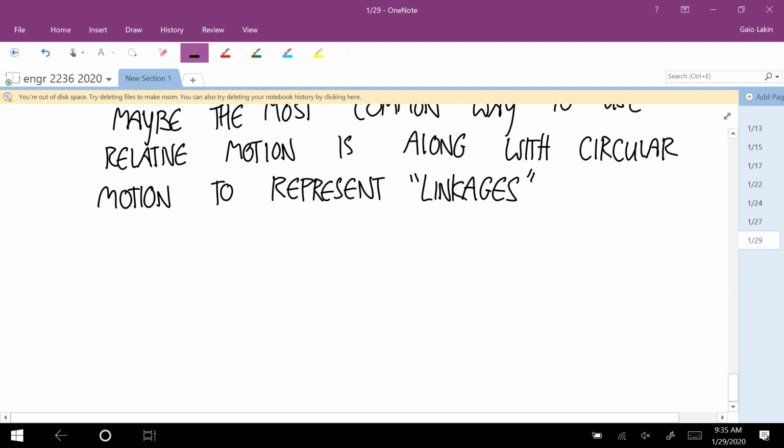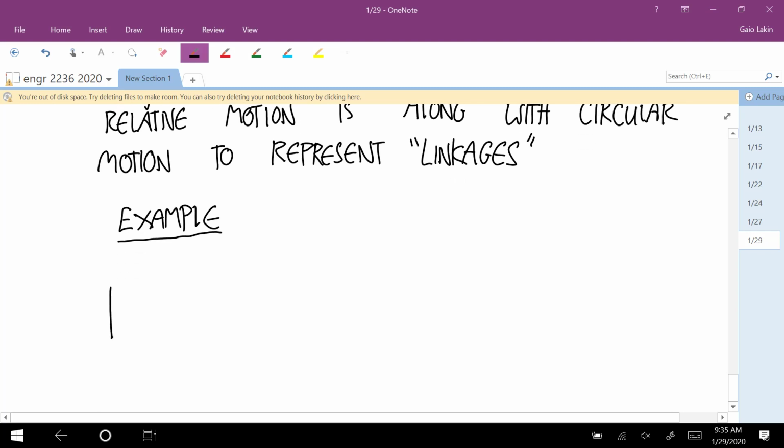So let me show you an example. So let's say we have one bar connected to a hinge on the wall.